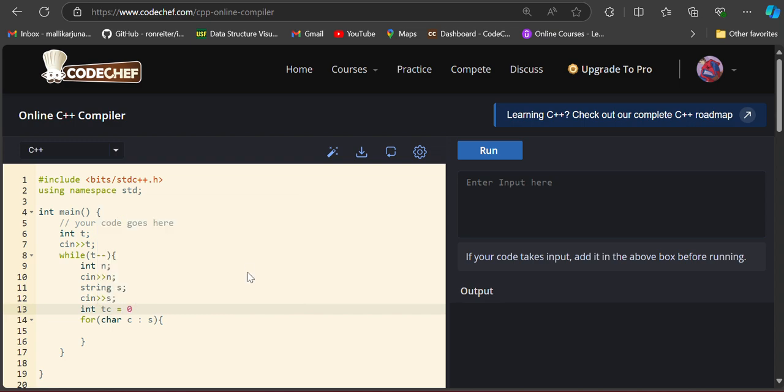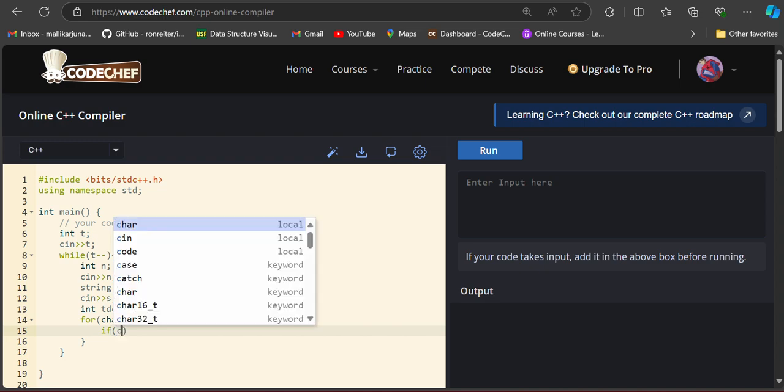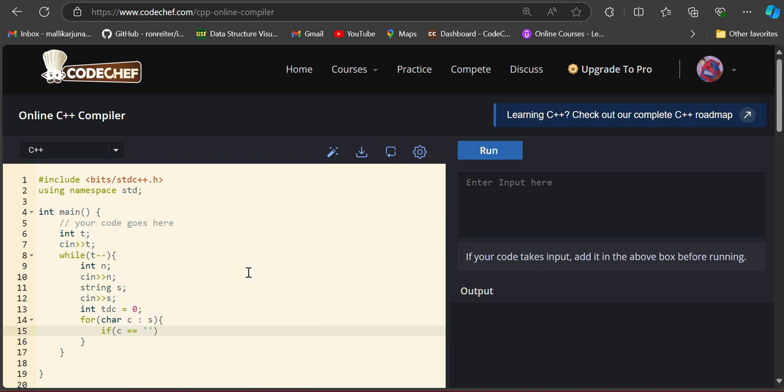I mean total dotted characters, because dots only represent the empty cells. We have to find the dot characters. So if the character is equal to dot, then total dotted characters plus plus.